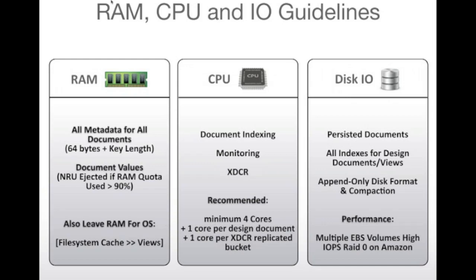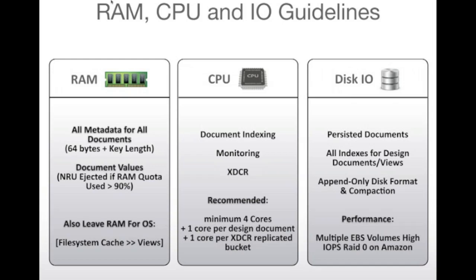We leave RAM for the OS for file system cache, more specifically for views, because views come off disk, and so we want file system cache to improve performance of view querying by leaving more RAM for the operating system for views. The CPU is used for document indexing, obviously the Couchbase monitoring itself, and cross data center replication.